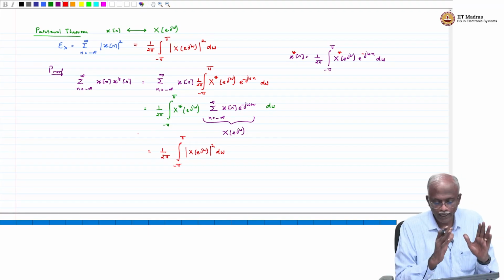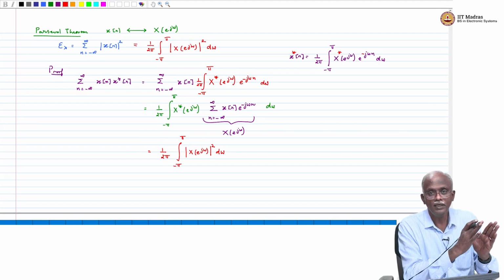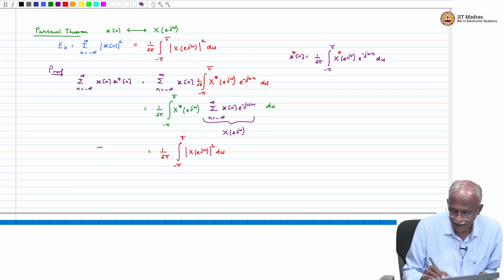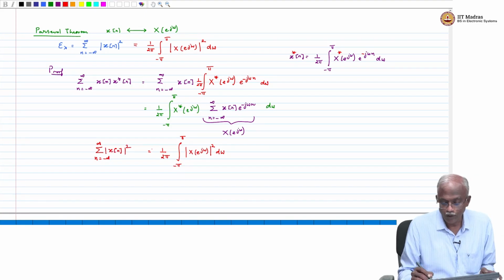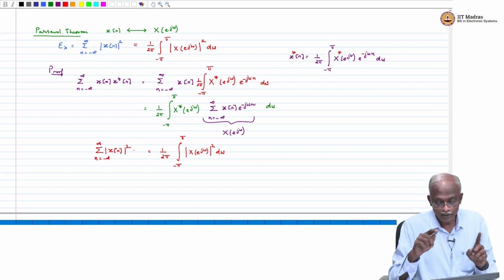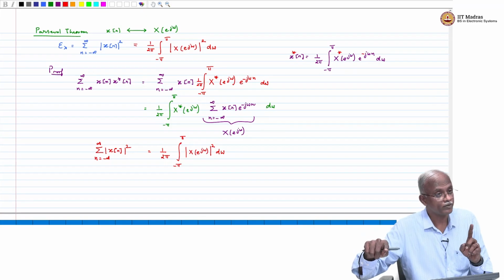You can compute energy in the time domain or you can compute energy in the frequency domain. You will get exactly the same result in both cases, summation minus infinity to infinity magnitude x of n squared. Now, one common mistake students make is to say that this is a discrete time Fourier transform.